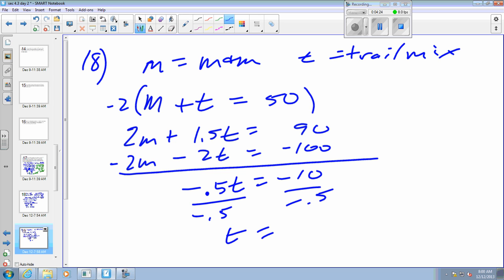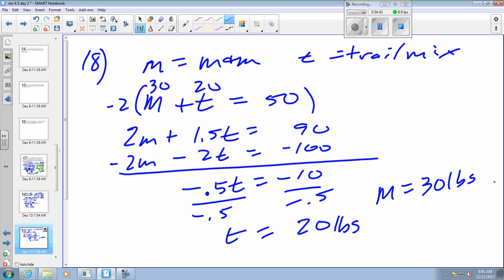I get the amount of trail mix is equal to 20 pounds. And since this is 20, what plus 20 gives me 50? Must be 30 pounds. So M equals 30 pounds of M&Ms and 20 pounds of trail mix.